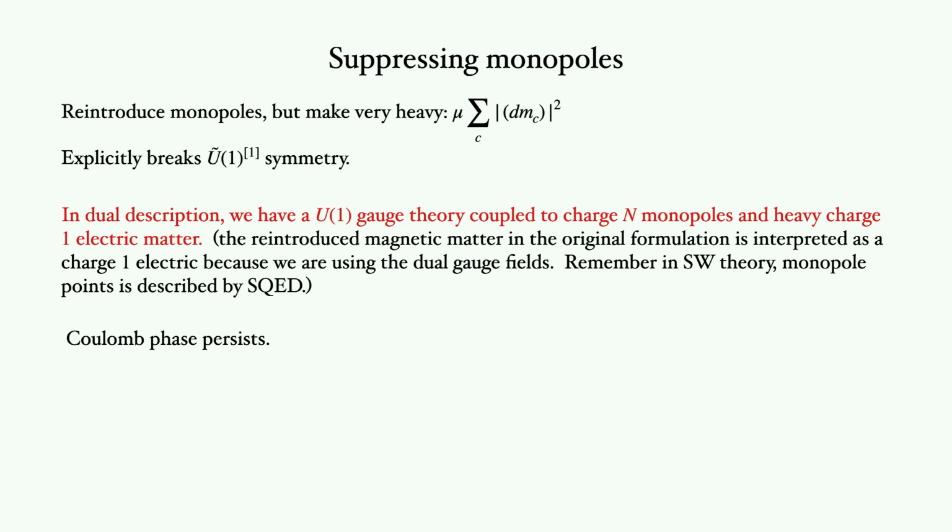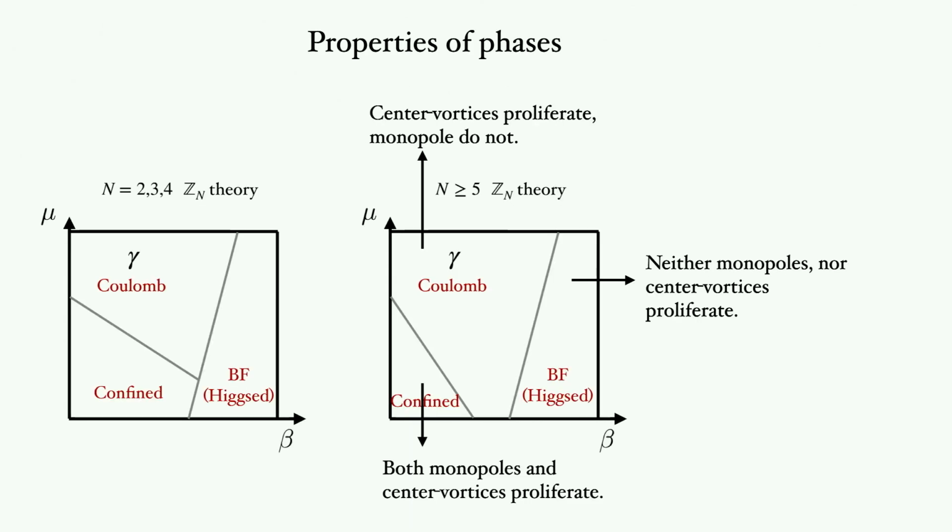Remember that in Seiberg-Witten theory, we describe the monopole point and the dyon point by SQEDs, but the dynamical fields in SQEDs are magnetically charged. And because the electrically charged stuff is heavy, it does not impact the low energy dynamics, and the Coulomb phase persists. So the phase diagram is this.